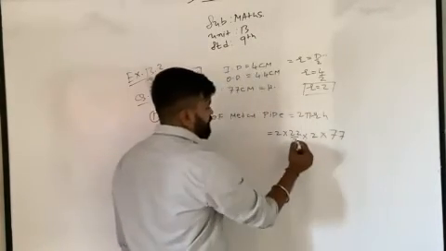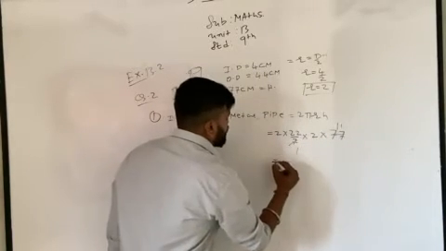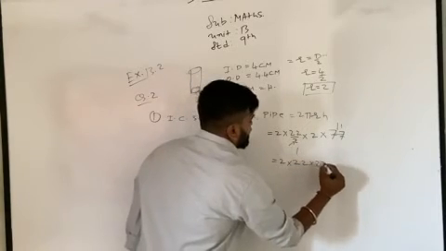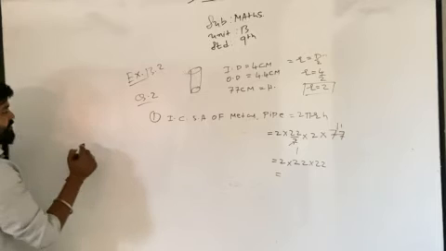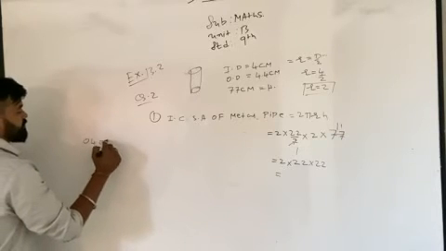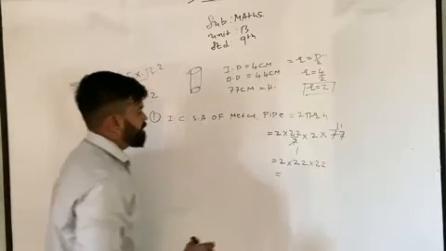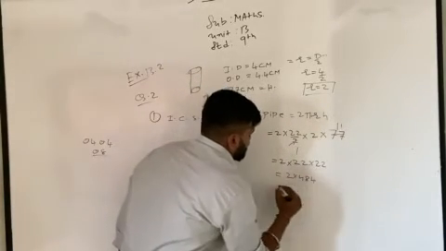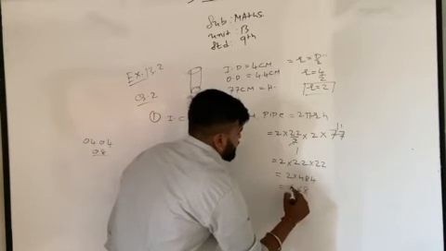So this will become 7 ones are 7, 11s are 77, and that is equal to 2 multiplied by 22 multiplied by 22. 22 into 22 is equal to 484. 2 multiplied by 484 is 968.